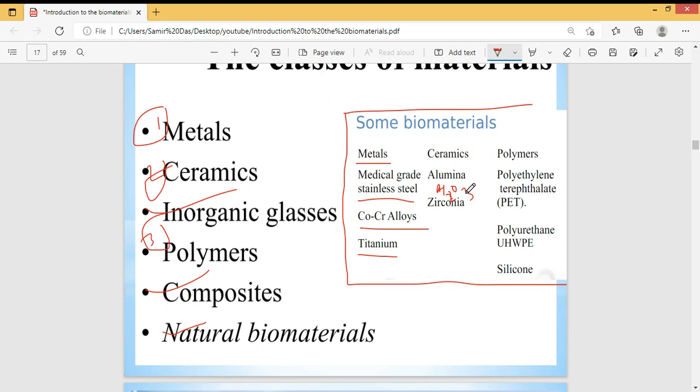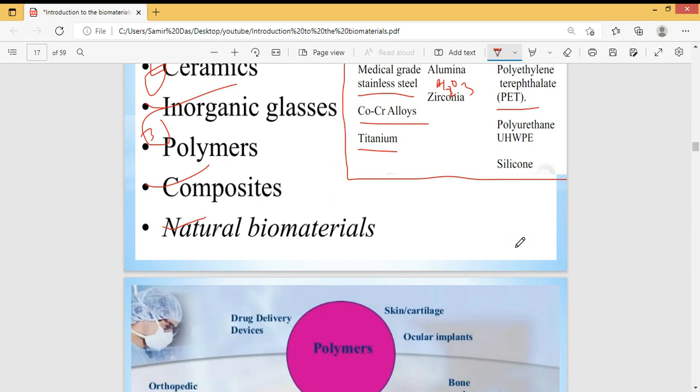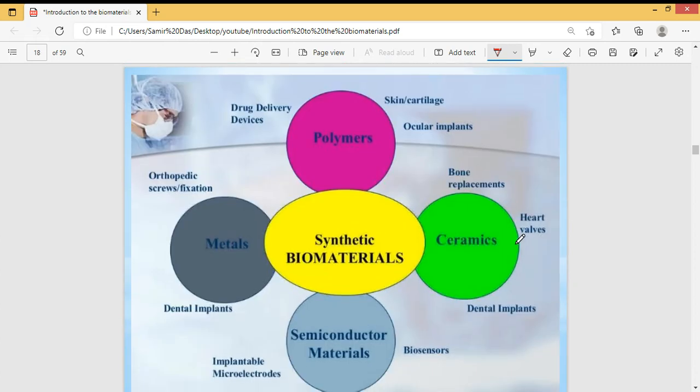Coming to polymer based, we use polyethylene terephthalate, or PET, enormously. PET has been used for load bearing applications. We have used ultra high molecular weight polyethylene, and for soft tissue engineering we have used silicon based polymers.